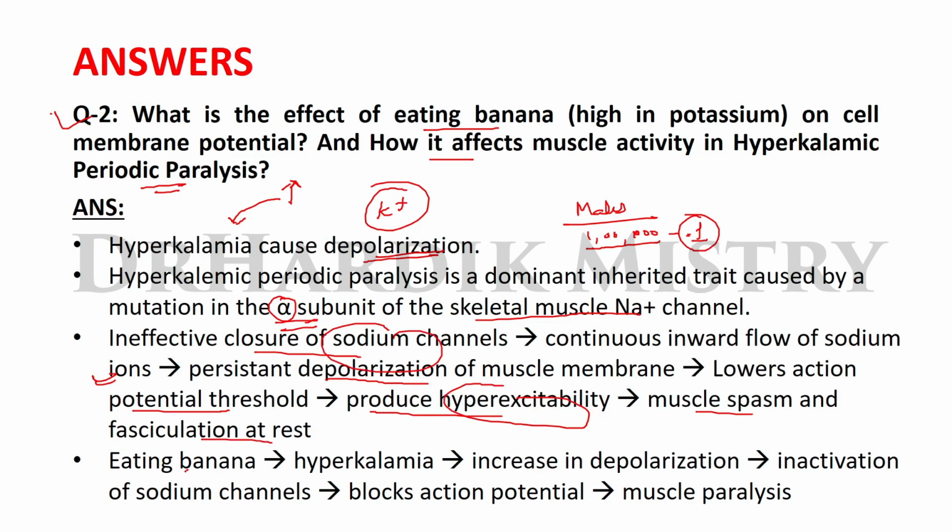Eating banana means high potassium. When high potassium is present in the extracellular fluid, the condition is known as hyperkalemia. Due to this, there is an increase in depolarization, because potassium is a positive charge.